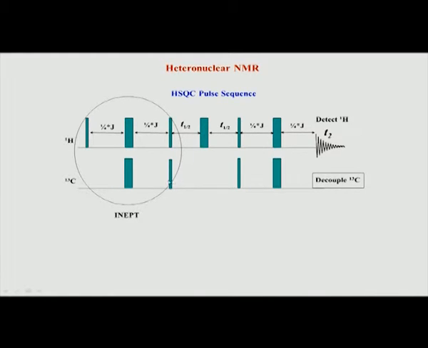So, we are not physically capturing the signal; this is not a detection, it is indirect detection. Similar to all the 2Ds we have seen so far, you allow the chemical shift to evolve. After this period, at this point, we go back to the hydrogen proton, because we came from proton to carbon during this part, and from here we go back to proton and then detect the proton magnetization.